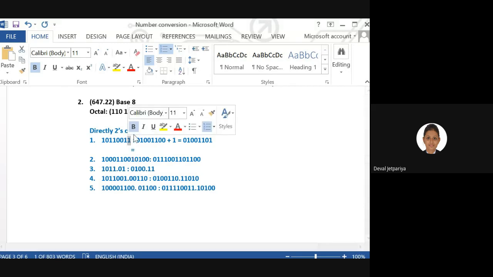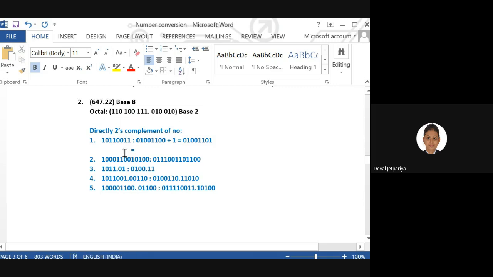You need to write down every value as it is until you get the first one, including that first one also. But after that first one, whatever is the pending data, you need to write down its one's complement.